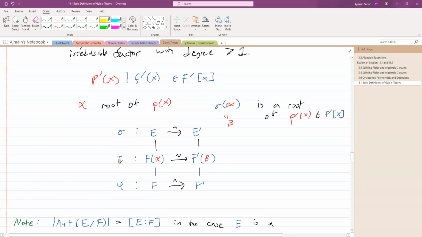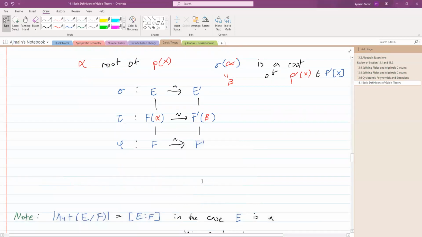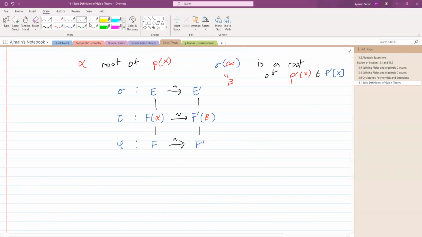Okay, so how many extensions tau are there? Well, it's going to be the number of distinct roots beta, because at this point we're using the induction hypothesis to count the number of automorphisms tau.